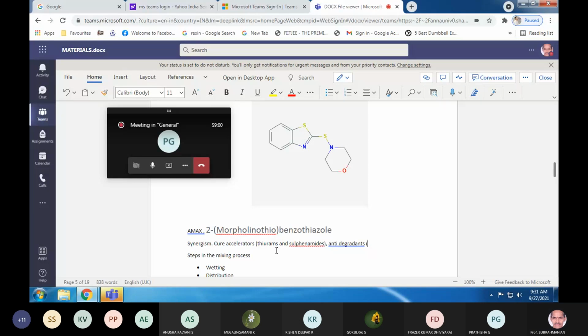Anti-degradants like PPDs, TDQ and PPD plus wax, paraffin wax. Paraffin wax is also available in MC wax, microcrystalline wax. So what do they do?